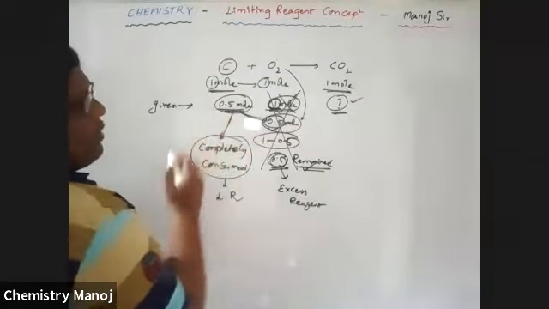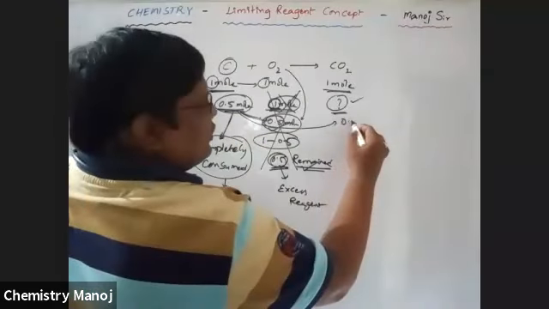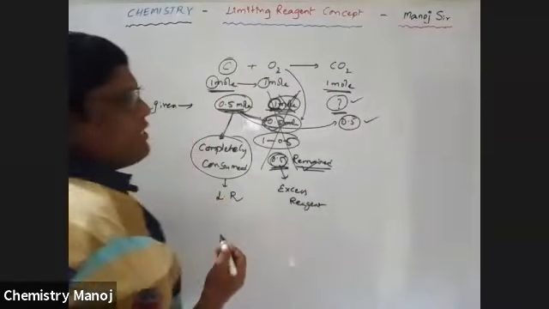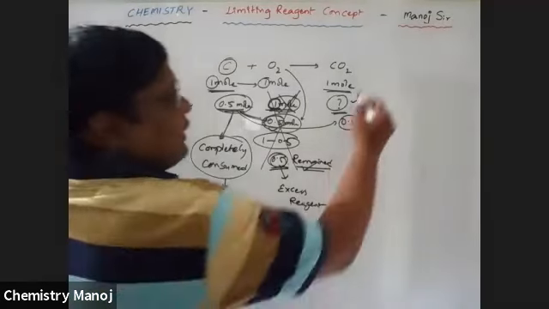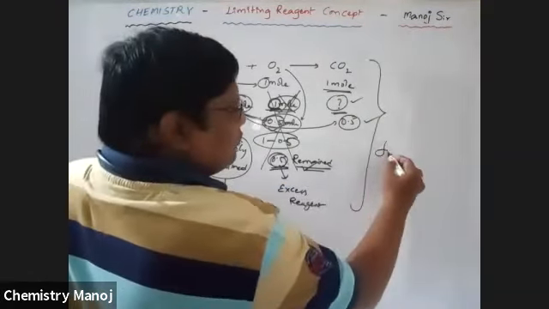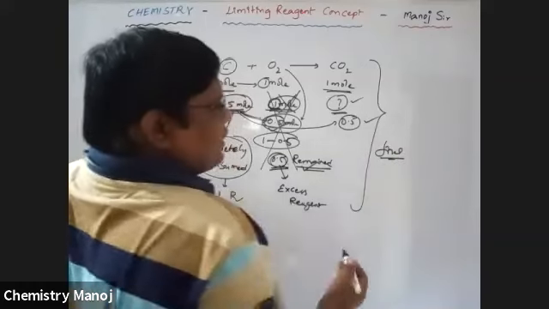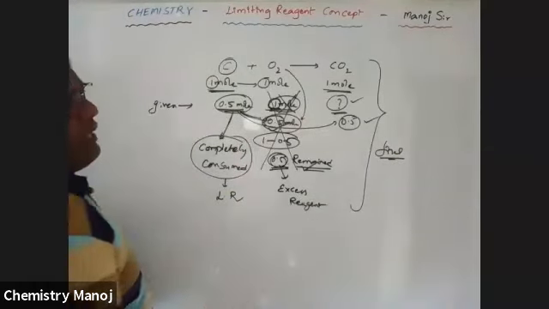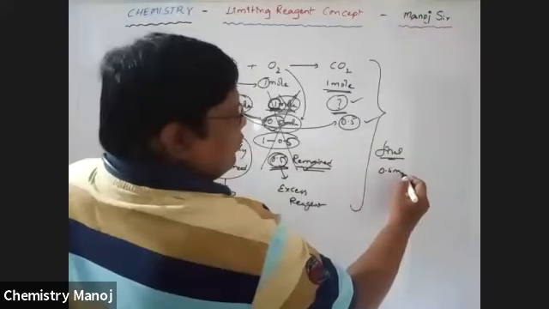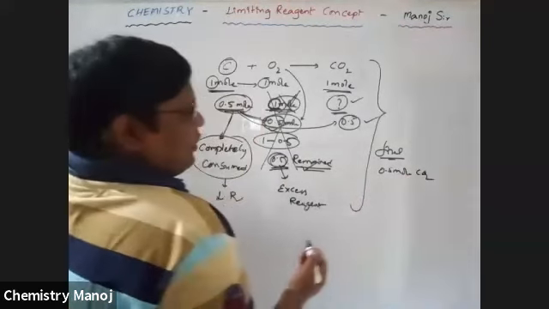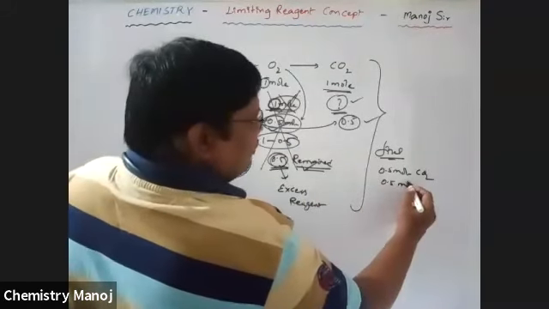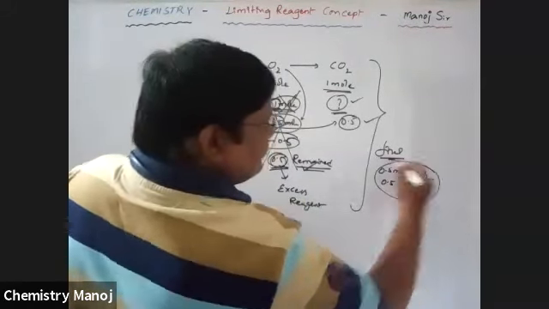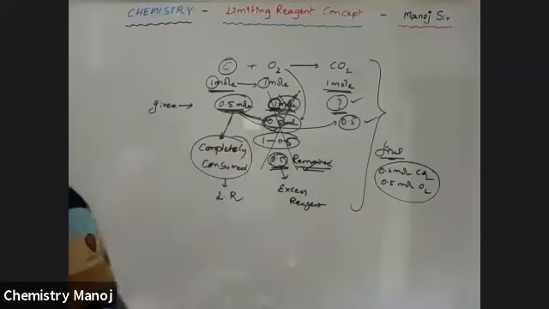Here 0.5 moles gives automatically 0.5 mole carbon dioxide. So now in the final mixture, what we have to identify is 0.5 mole carbon dioxide and excess. How much is excess here? 0.5 mole oxygen is also there in the final mixture.